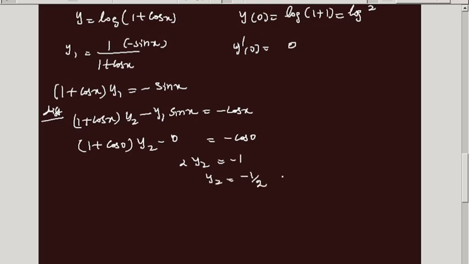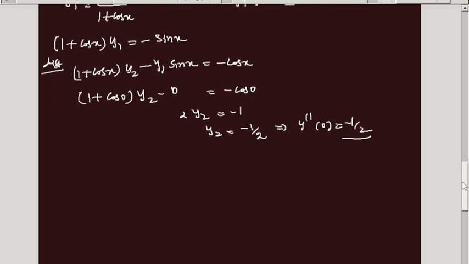So y double dash of 0 equal to 1 by 2. Here we have y of 0 is log 2, y dash of 0 is 0, y double dash of 0 is 1 by 2.